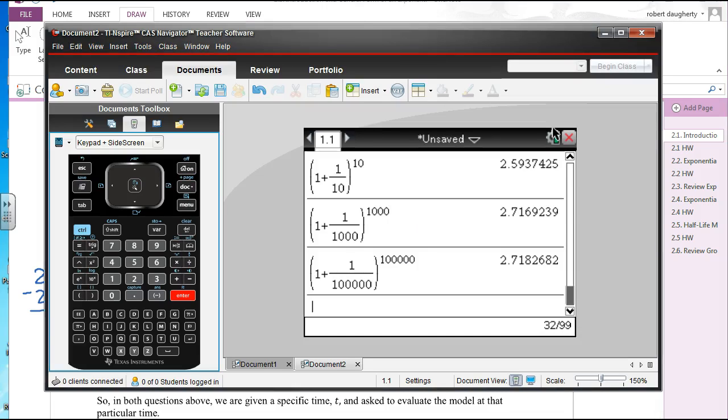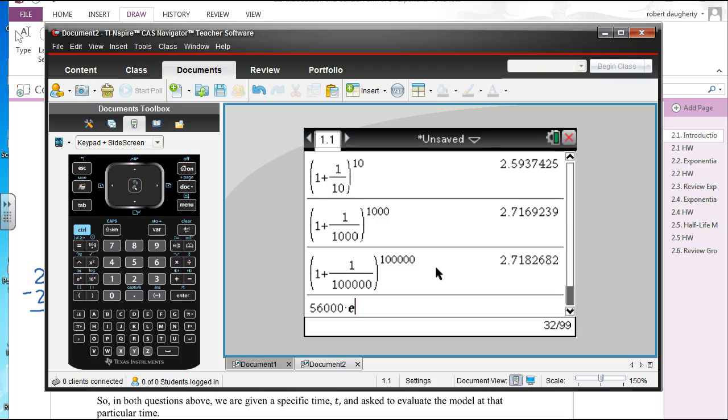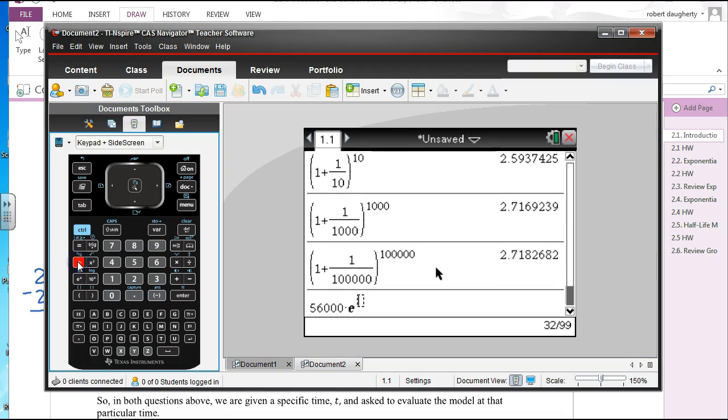And anybody know that off the top of their head? It was written there, but you just use your TI Inspire. 56,000 times, and the way you get to e is you take the pi key here, and then you select e, and you raise that to the, what was it, 0.45 times 11.